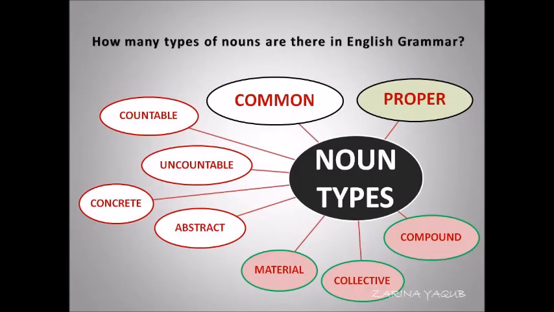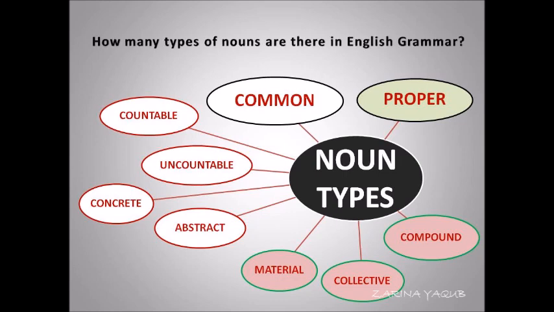So today we have studied about 4 types of common nouns. Countable nouns which can be counted. Uncountable nouns which cannot be counted, but we use some units of measures or some adjectives to talk about the quantity of uncountable nouns. Concrete nouns which we can see, touch, taste, or smell.